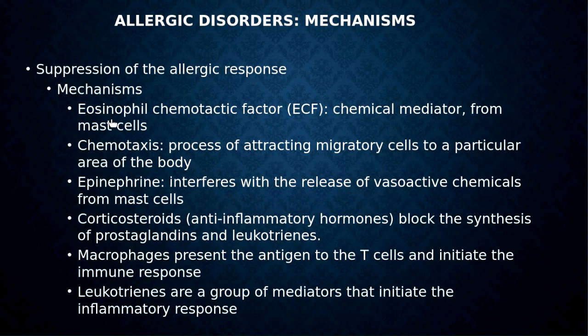Eosinophils, they come from the mast cells. Chemotaxis, that's a particular area in the body. Epinephrine, we want that release of epinephrine because we want to try to get that allergy under control. Corticosteroids, you want to try to give some steroids to help reduce that inflammation.